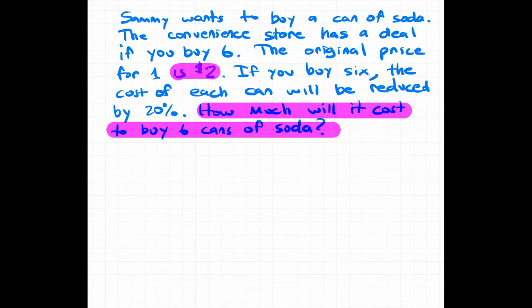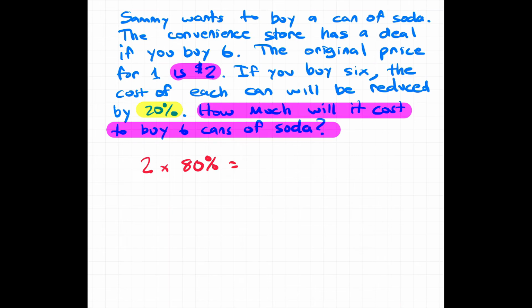Okay, so let's extract some important information. For 1 can, it's $2, and it's going to be reduced by 20%. So if I reduce it by 20%, it will be 80% of its original. So essentially what we've got is $2 times 0.8 or 80%.